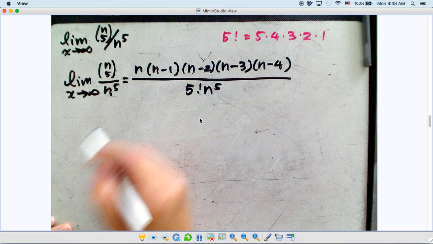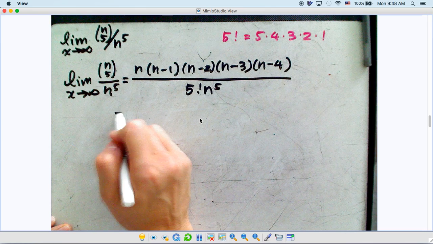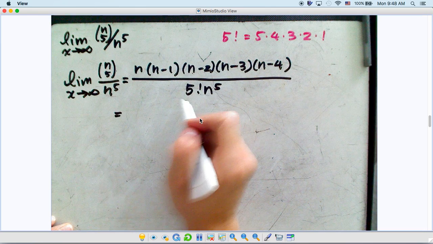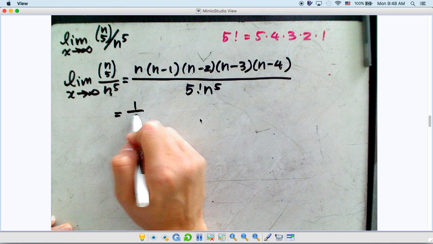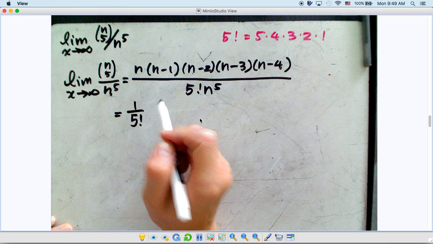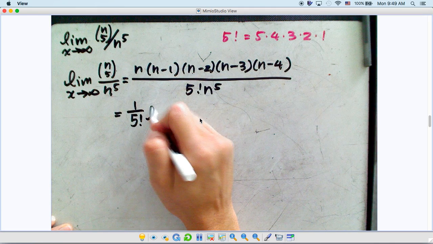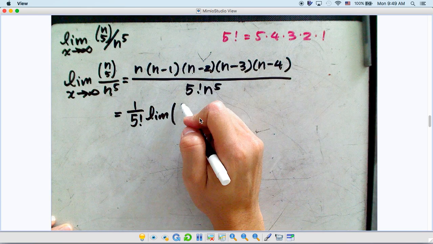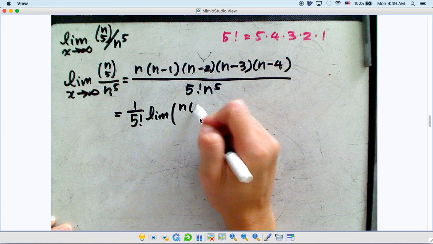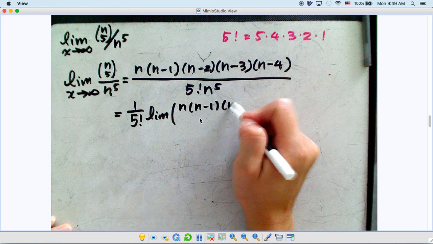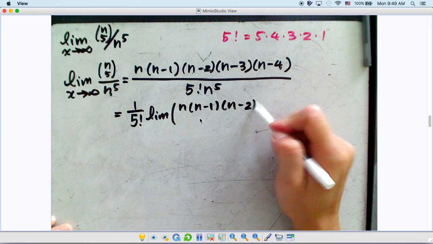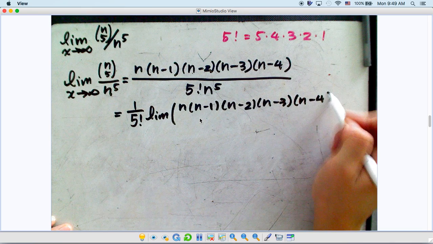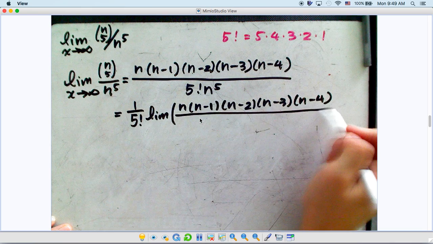I'm just going to take the 1 over 5 factorial out in front. So we have 1 over 5 factorial times the limit of n times n minus 1 times n minus 2 times n minus 3 times n minus 4 all over n to the 5th power.